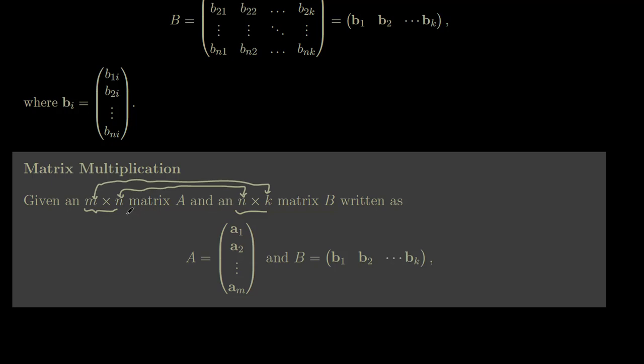And what the ones outside are going to give you is the size of the product. So if the n's match, then the size of the product for these two matrices is going to be m by k. So the outsides will give you the size of the resulting matrix.